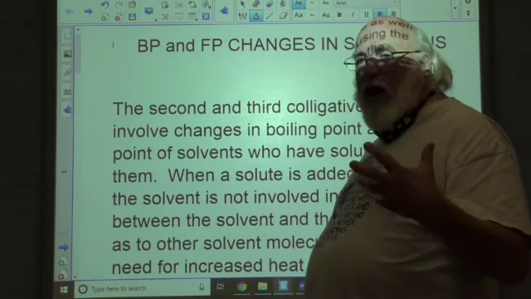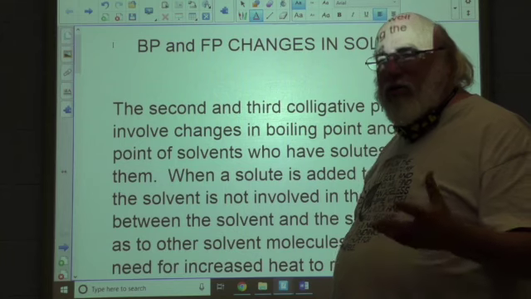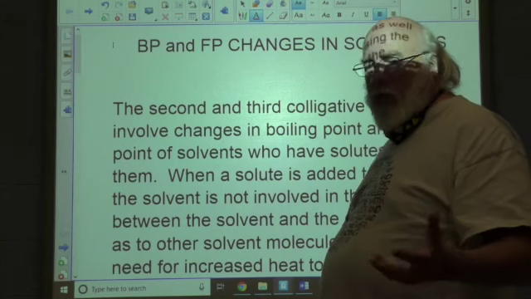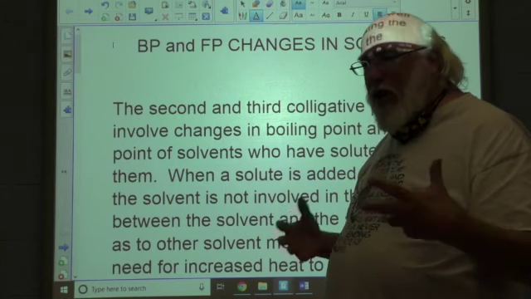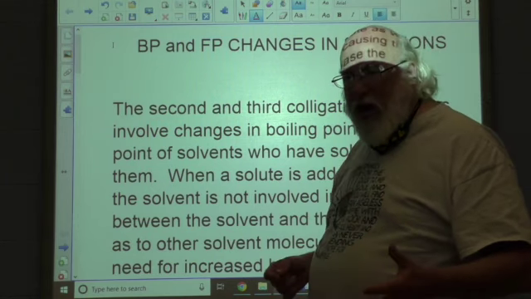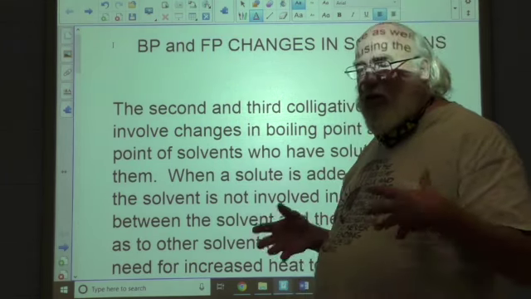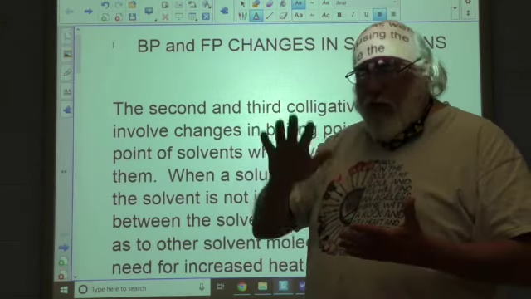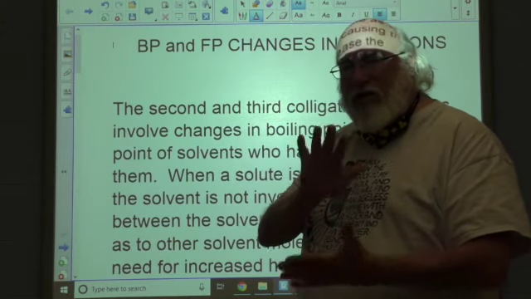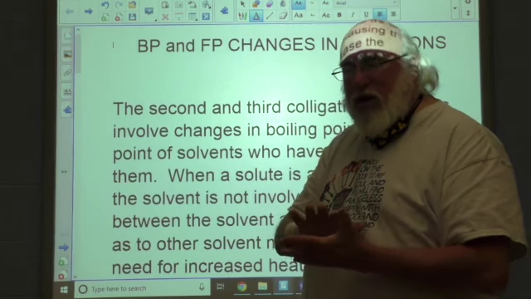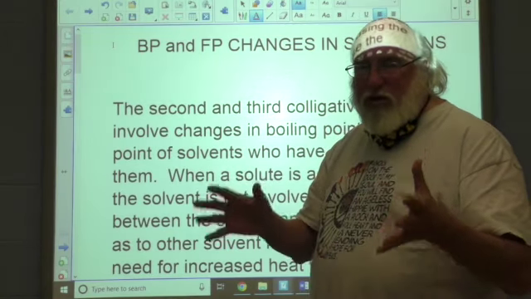Now this is why we add sodium chloride crystals to the road when it snows or ices. And the reason for that is you throw it on there. Now that doesn't mean anything's going to happen, but a car is going to run over it. And the friction between the tires and the ice and the salt is going to create heat. Any friction creates heat.